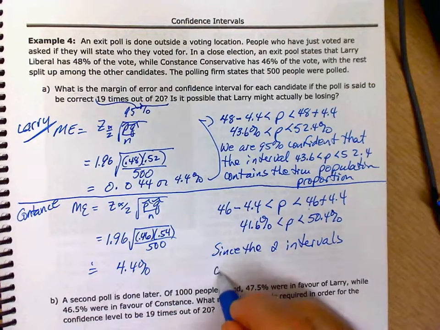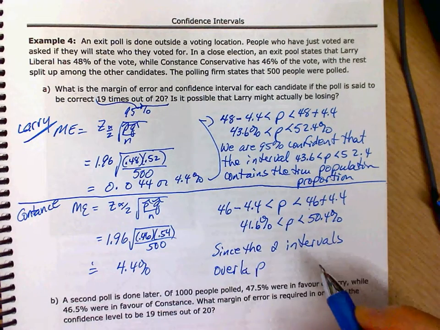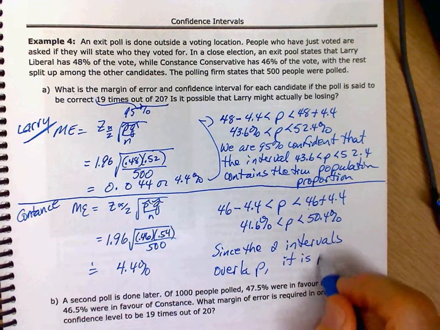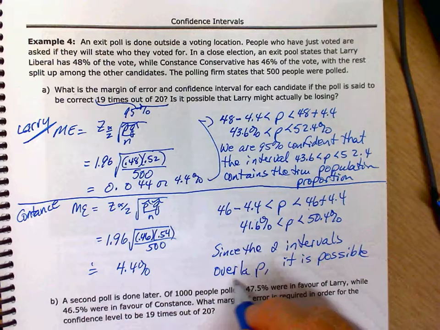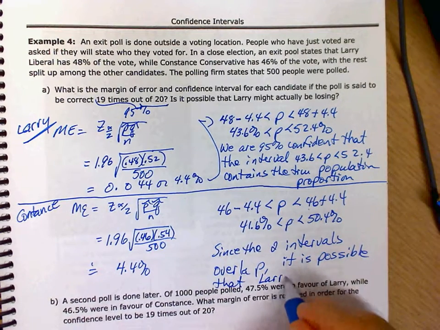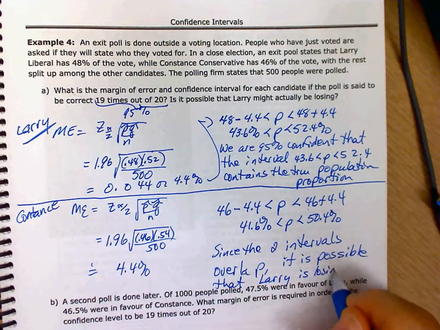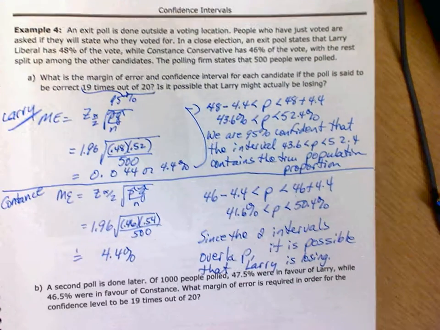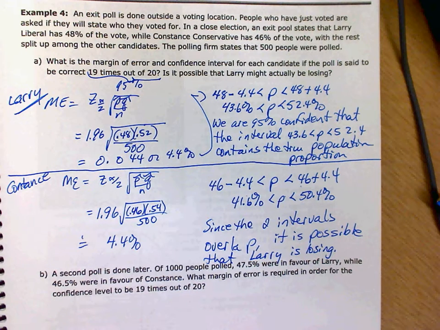It is possible that Larry is losing. Do you see this 50.4 is inside this interval?